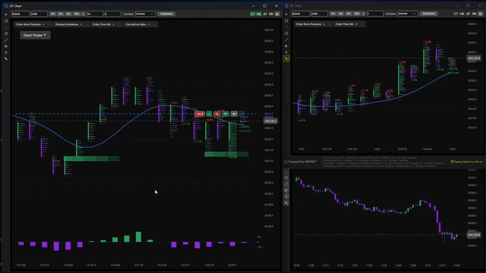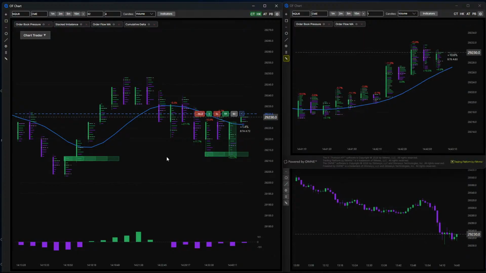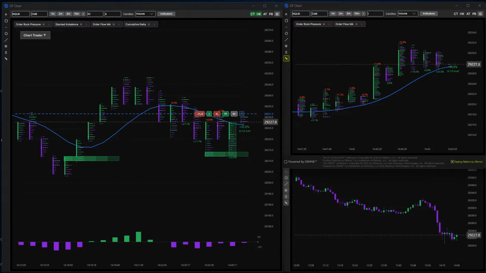This is not good because it's still sloping downwards. So this is sloping downwards. This is sloping downwards. I've got a new indicator that I'm testing.